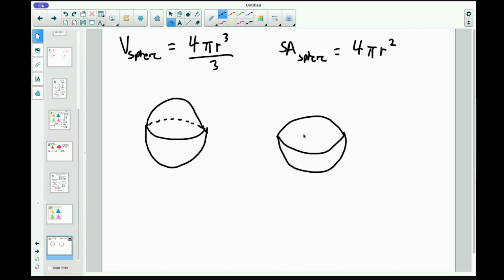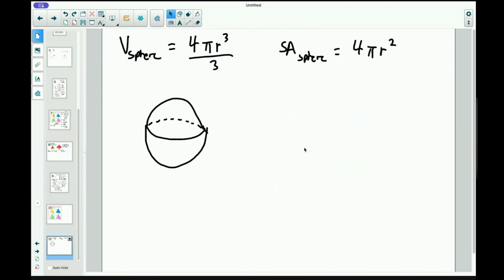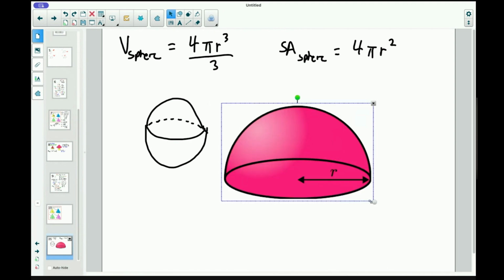With this hemisphere, I might just end up copying and pasting a picture from Google here. This is really distracting me. I want a nice pink hemisphere here. I give up. I can't draw. Let's get rid of this guy. I'm gonna paste a picture of a hemisphere.